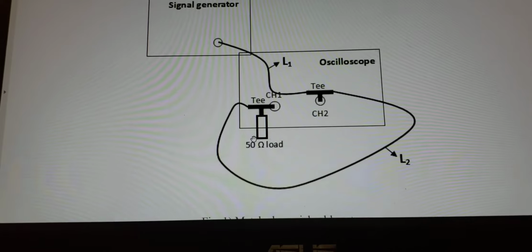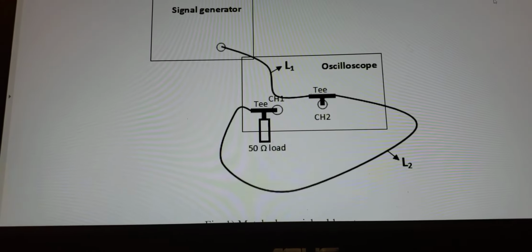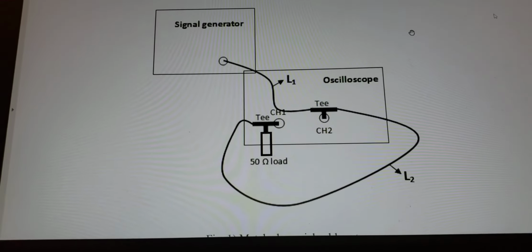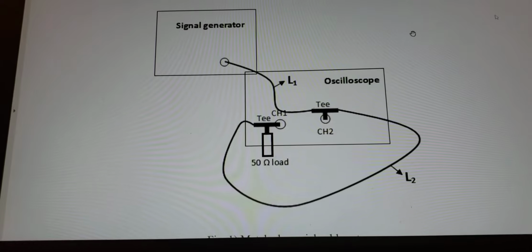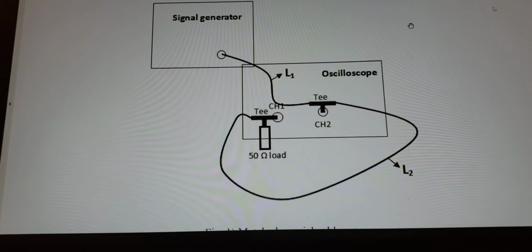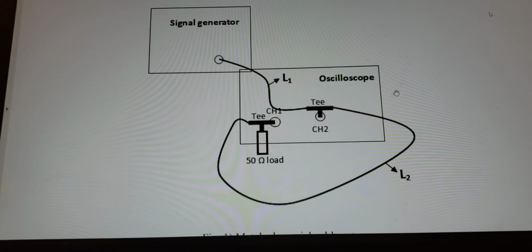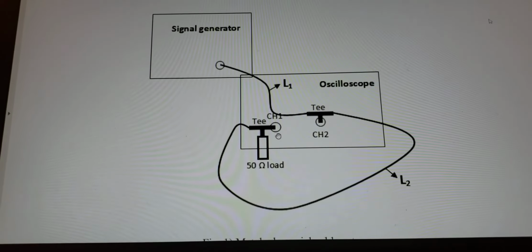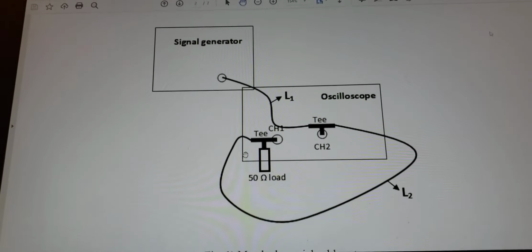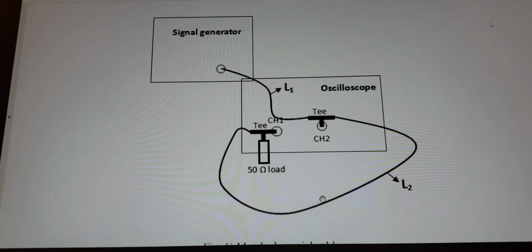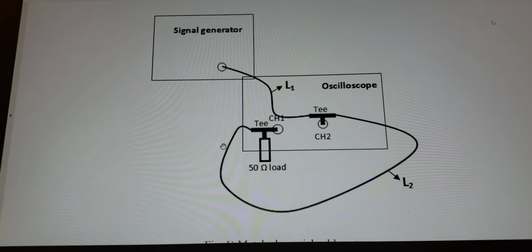So this is the case of the matched line. Now the line is totally matched because the far end is terminated by the characteristic impedance of the line. As we said in the lab, our coaxial cable's characteristic impedance is 50 ohm.